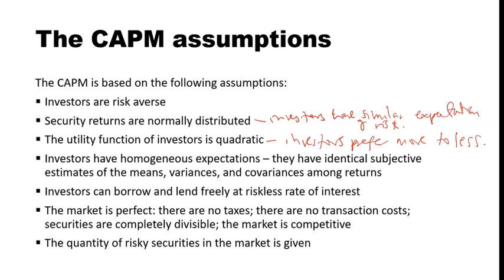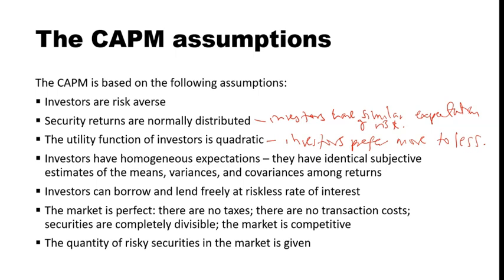What else? Investors have homogeneous expectations. This simply means that they have identical subjective estimates of the means, variances, and covariances among returns. As I have already pinpointed, it is consistent with the normal distribution.